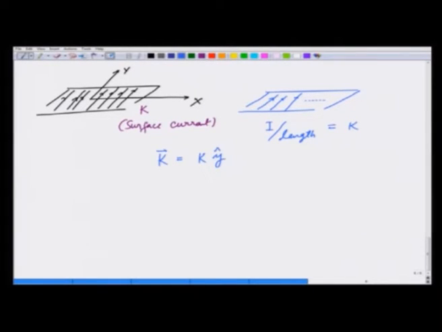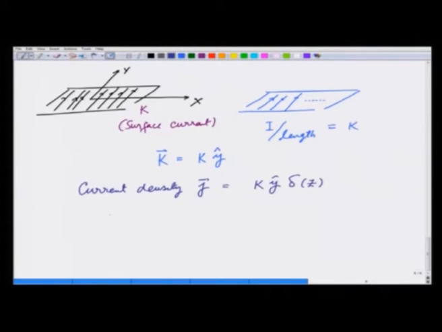If I insist on writing this as the current density J, then this will be equal to K y delta of z, because the sheet is in the xy plane. Let us check that.